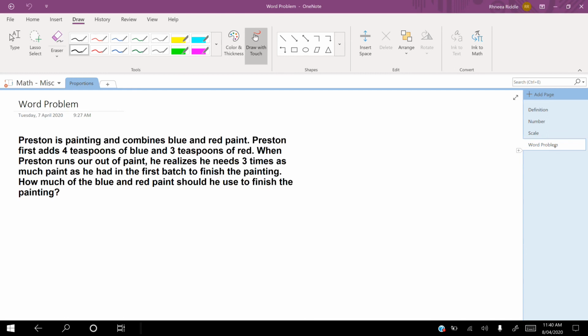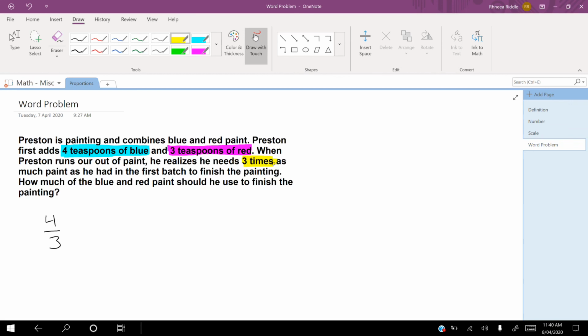So we know that the original batch has 4 teaspoons of blue and 3 teaspoons of red. So we're going to say that he has 4 over 3 as our proportion. And then it says he needs 3 times as much. So that means we need to find the proportion equivalent to 4/3 with a scale factor of 3.